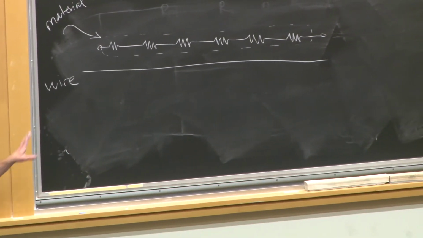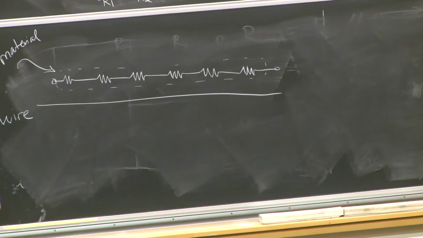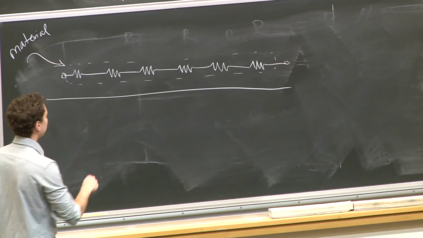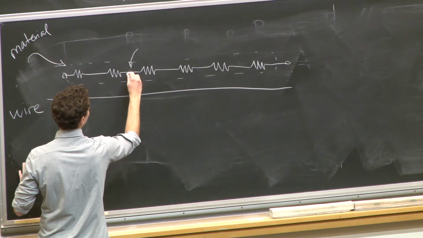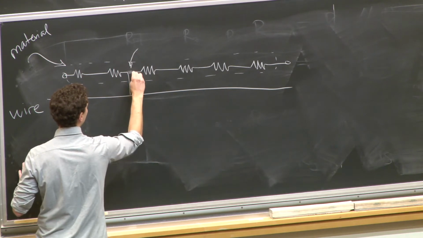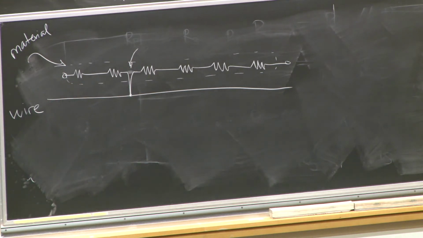Okay? Same thing as before, but now I've drawn an electrical version of what I had here. And what I want to do is, if I press somewhere, let's say right here, this connection is going to make contact with the wire. Okay, now what?